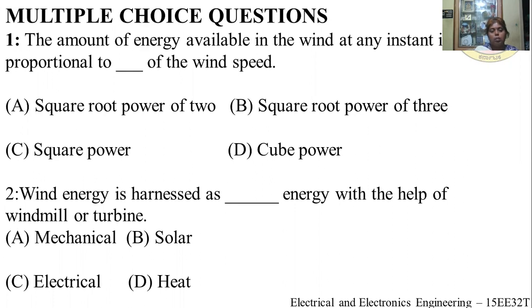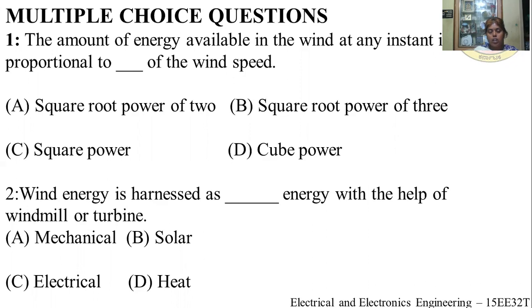Next, we move on to the multiple choice questions. The first one: the amount of energy available in wind at any instant is proportional to the dash of the wind speed.